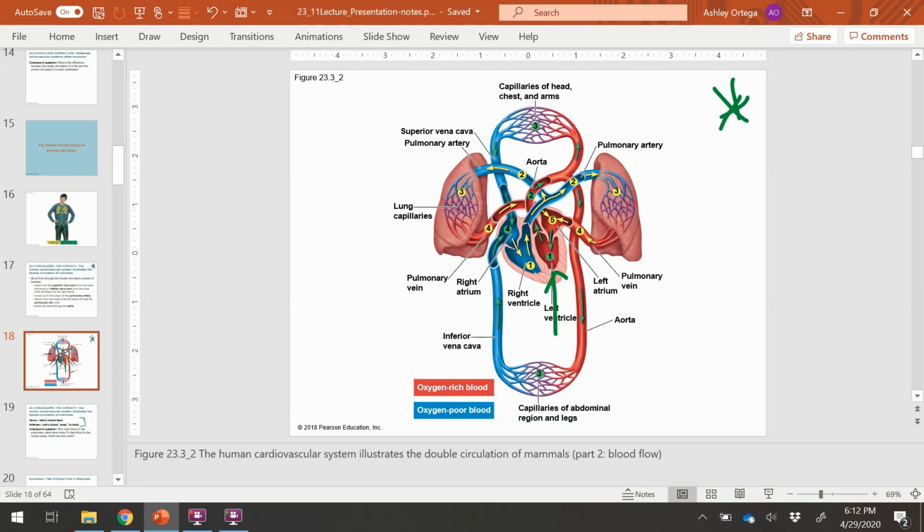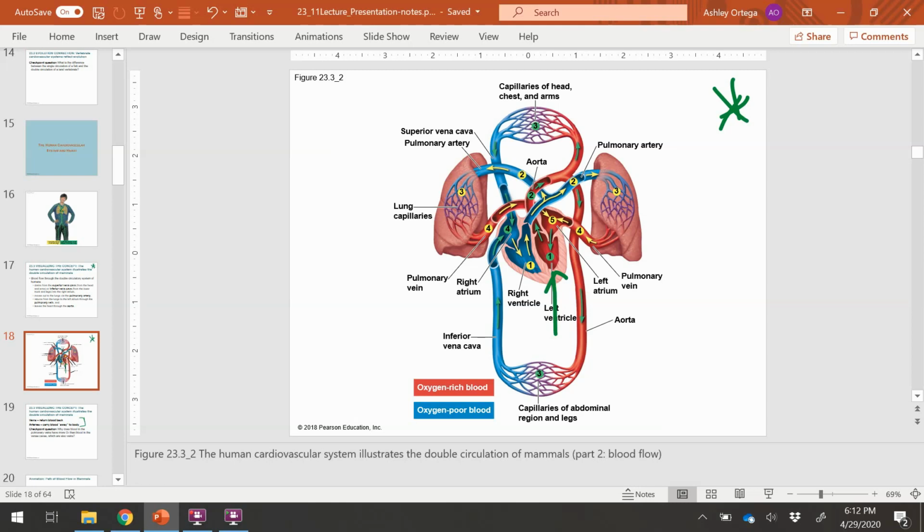So the head, chest, and arms is one region, and then the abdominal region and legs is another. And so from there, they will exchange gases with the body. So it's going to take in the oxygen, put the carbon dioxide in the blood, and then it's going to return back to the heart.